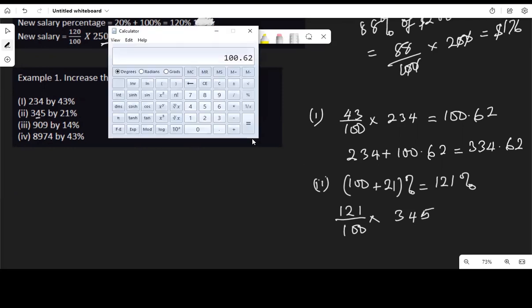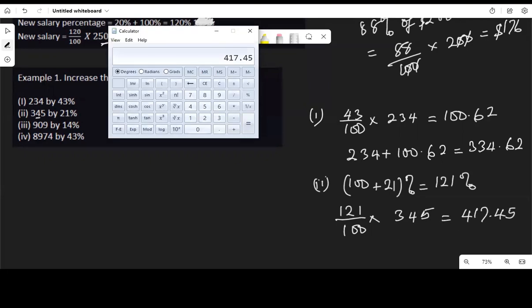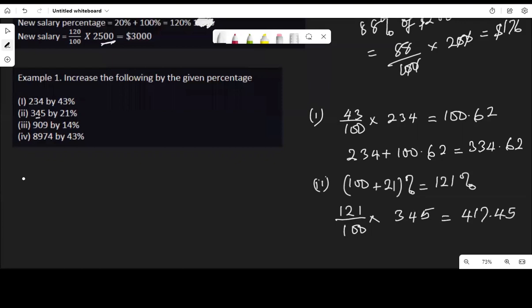So let's use a calculator. 121 divided by 100 times 345. It's 417.45. Did I write that correctly? Yes. That is that for question 3.